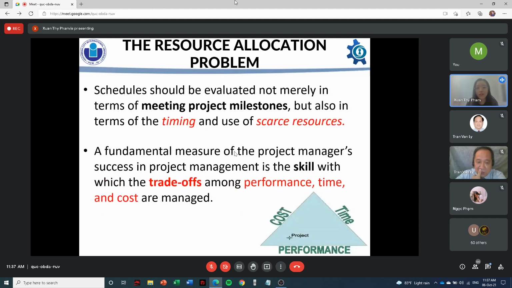However, schedules should be evaluated in terms of both timing and scarce resources. So a fundamental measure of the project manager's success is the skill with which the trade-off among performance, time, and costs is managed.